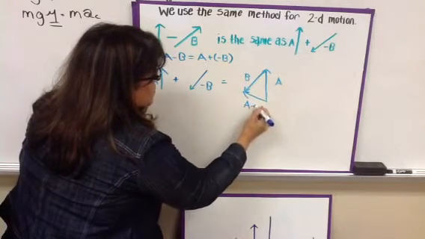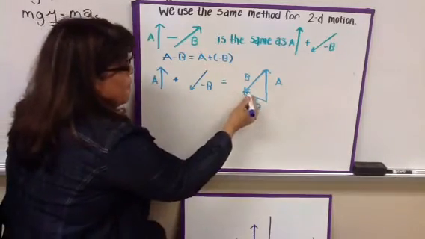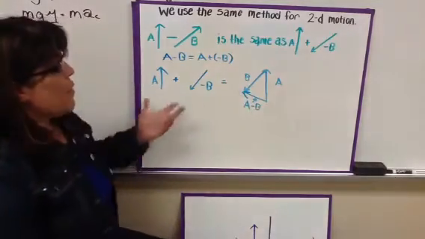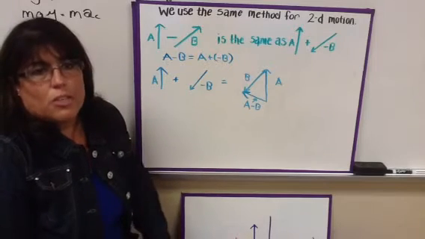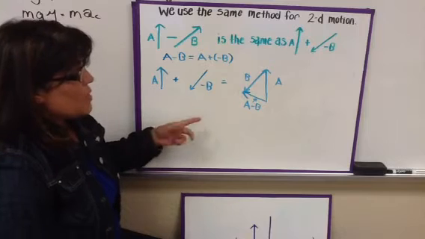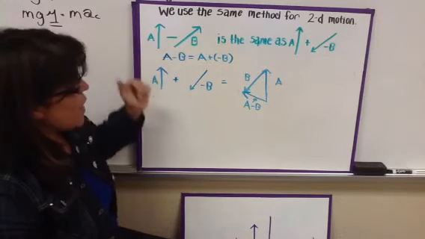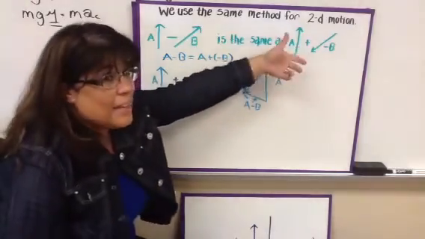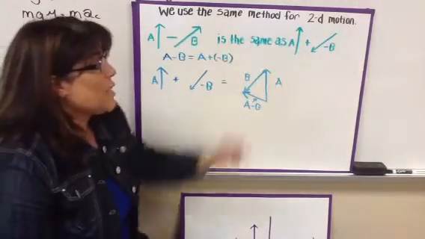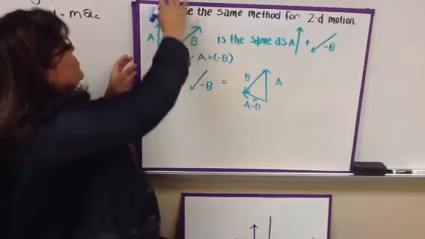So this vector is A minus B. Now I can find out the direction and the magnitude of that vector. We're going to get into more specific problems. All I want you to see here is that when we subtract vectors, we really add, after flipping the direction of the other vector, and then we can use our tip-to-tail method.